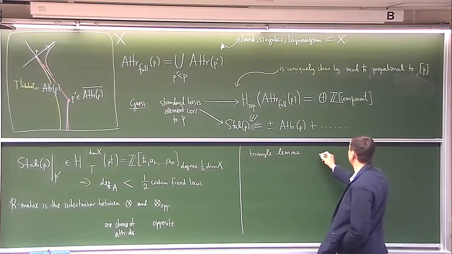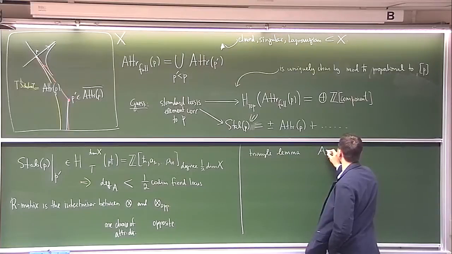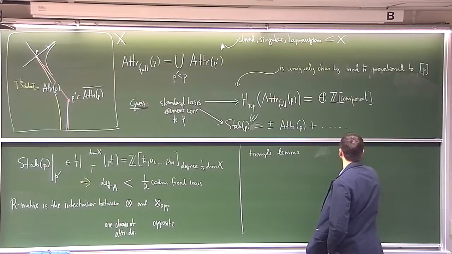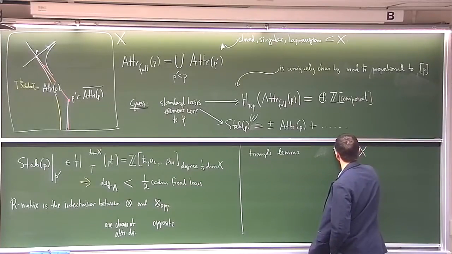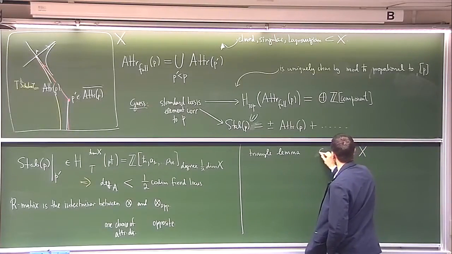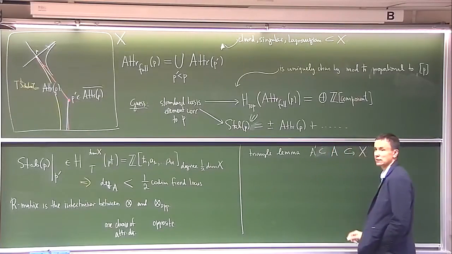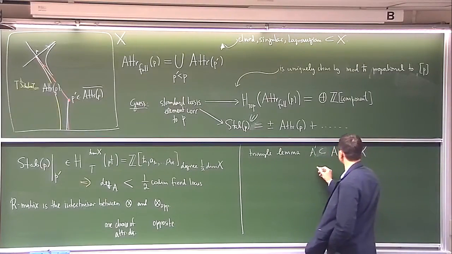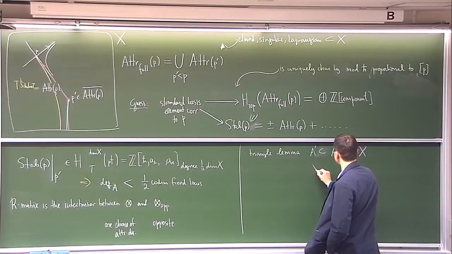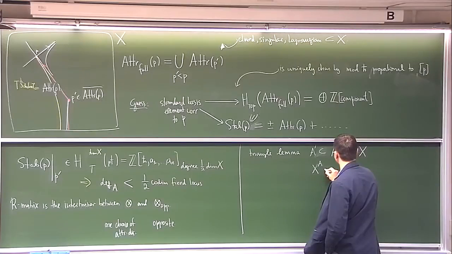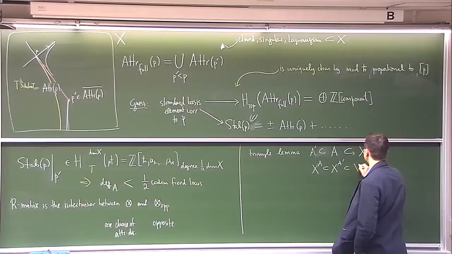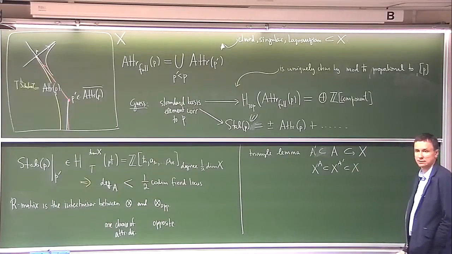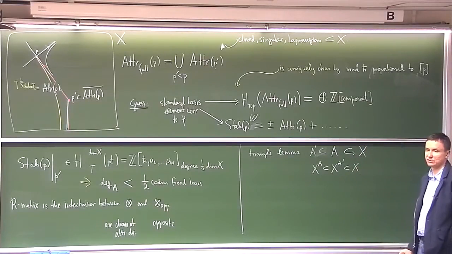It means suppose I have a torus acting on X, and I have a torus and a subtorus. Then correspondingly, I have inclusion of fixed loci. So I have the fixed locus for the largest torus sits inside the fixed locus for some smaller torus, and this sits inside X, which is the fixed locus for the trivial group.